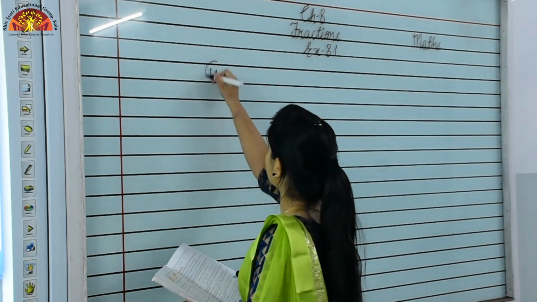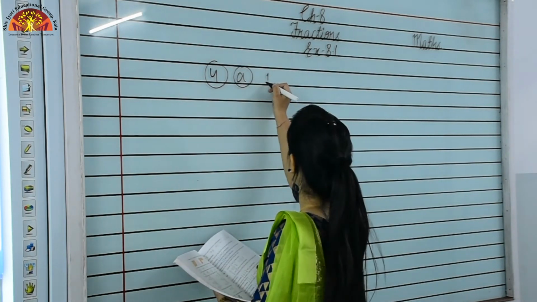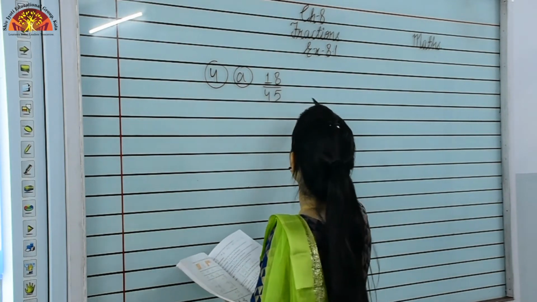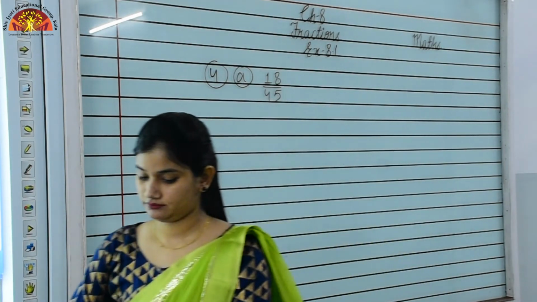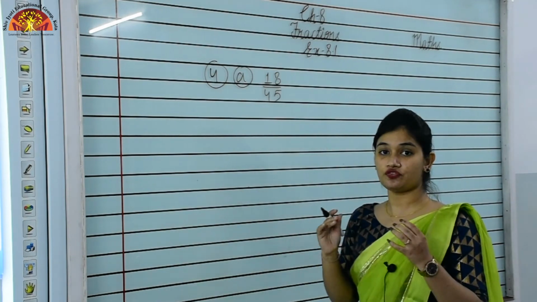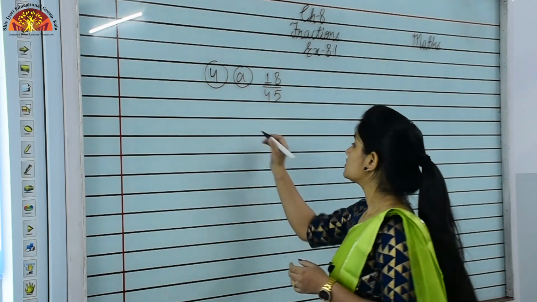So this is the fourth question. A part is 18 upon 45. So students, now in this question you have to find the equivalent fraction, but this time we have to divide. So what did I say?